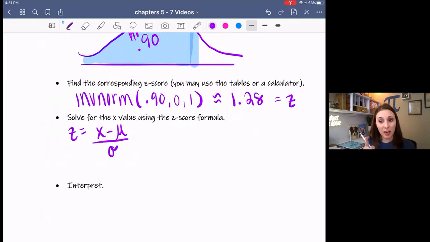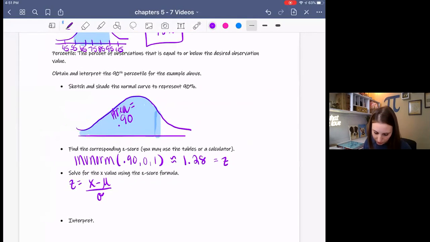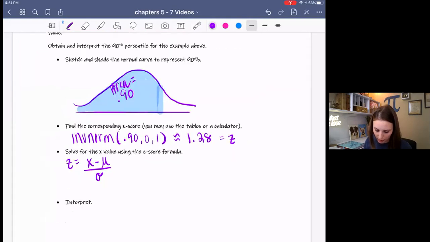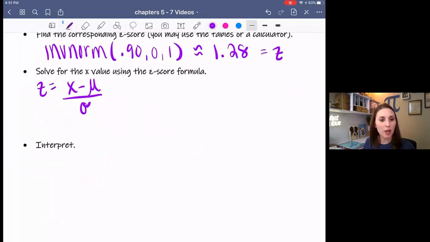I have z, I have the mean, and I have the standard deviation. Okay. So I know that z is 1.28. I'm looking for x. I know the mean is 75, and I know the standard deviation is 10. So we're going to have to do a little bit of solving here.